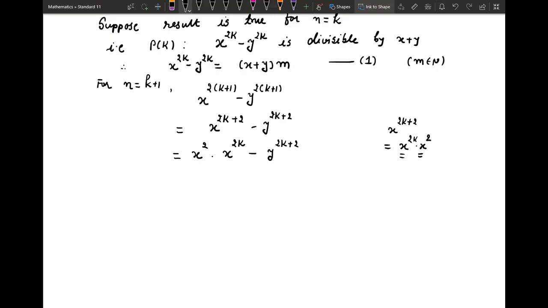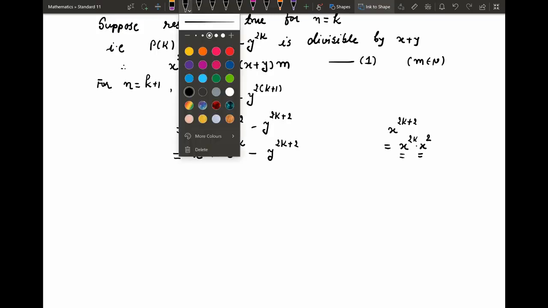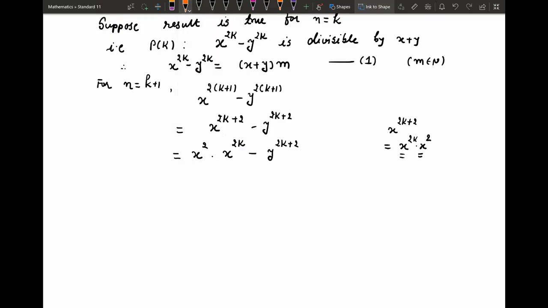Now let us put value for x raised to 2k from equation 1. Either here you can put value for x raised to 2k, or if you write y raised to 2k plus 2 equal to y raised to 2k into y square, in that case you can also substitute values for y raised to 2k. Here we will substitute values for x raised to 2k from equation 1.